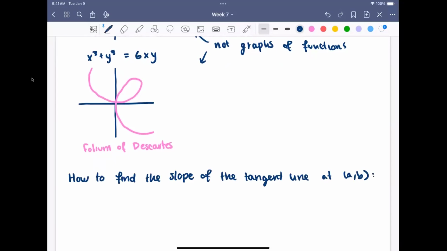The first thing that we'll do, and this is a little bit confusing, but we'll do a bunch of example problems, is we'll take the derivative d/dx of both sides of the equation.